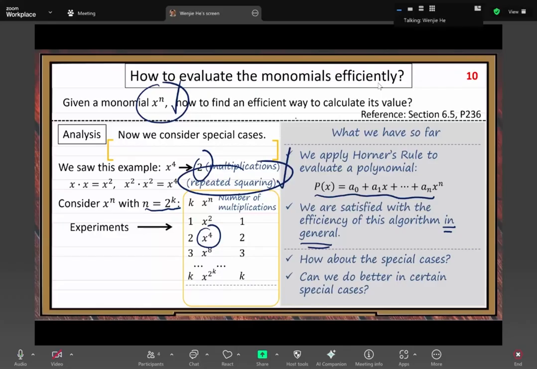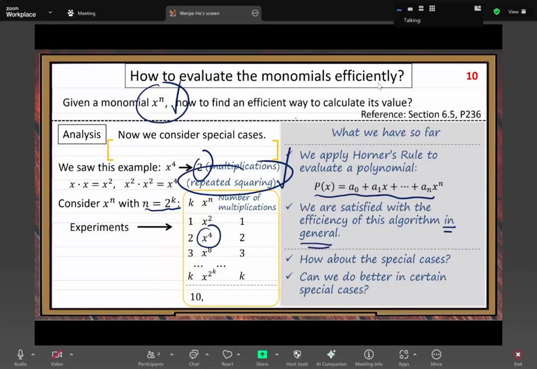Let me use another example to show you the big difference. Let's look at k equals 10. We use two methods. One is we run a for loop to calculate the monomial. Second, repeated squaring.